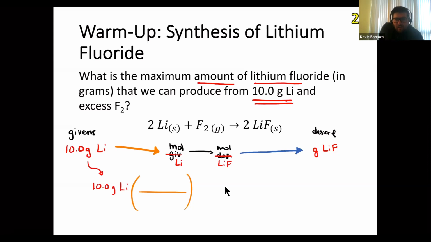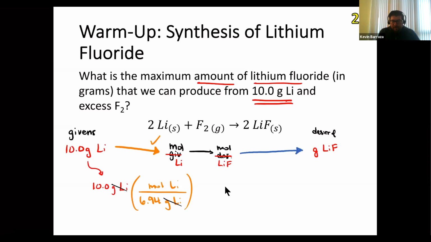So again, I'm going to look at the periodic table, use that number as is. There are no changes to that number. So what does it read? It reads 6.94 grams of lithium is a mole of lithium. That's going to give us grams of lithium cancels. We've made the first hurdle.